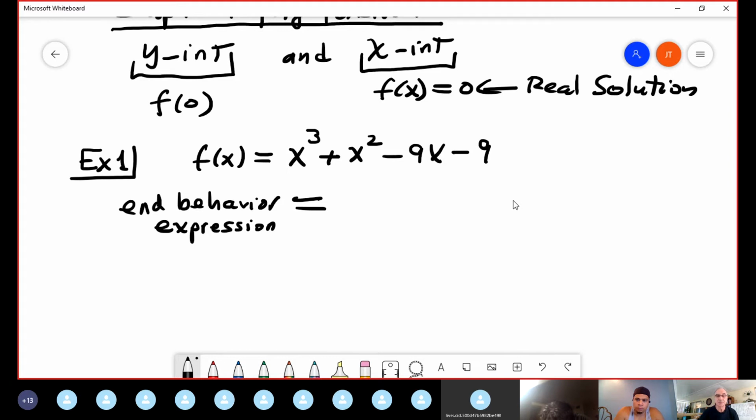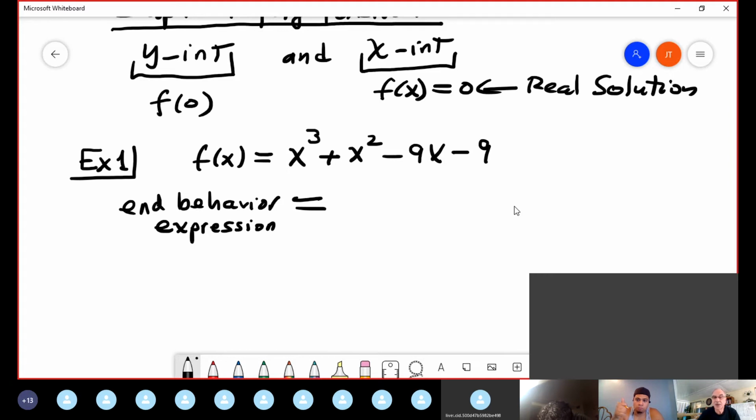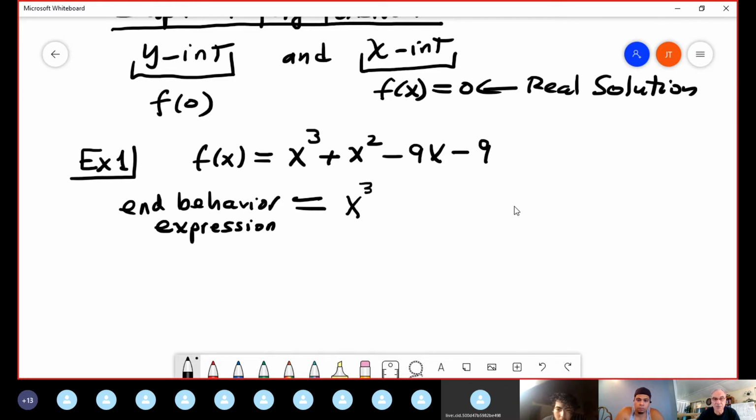Very well. The end behavior expression is easy because I know the factored form. You take the monomial that contains the highest exponent. So if you want to represent it graphically, it looks like this.